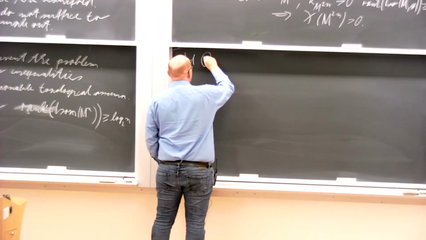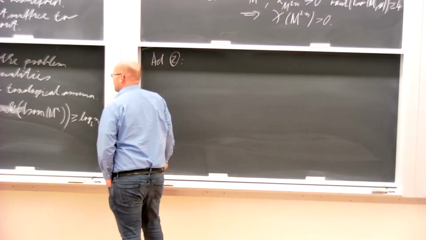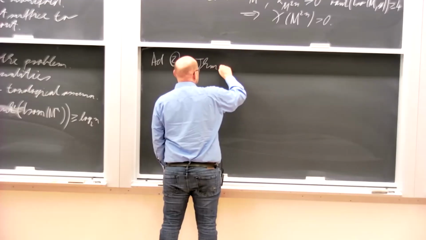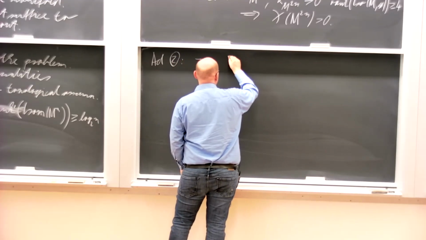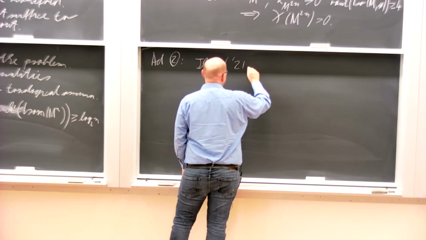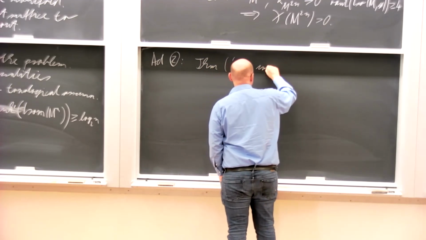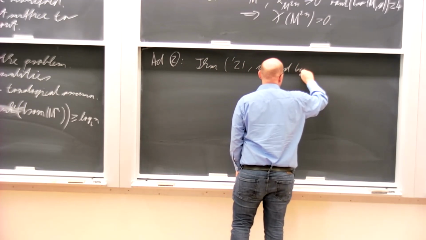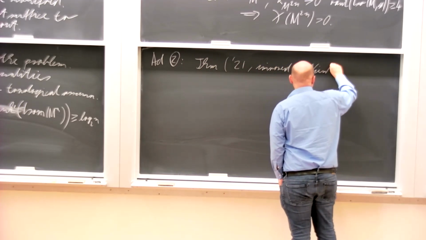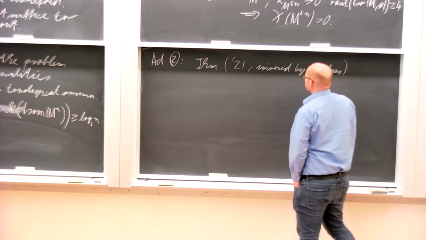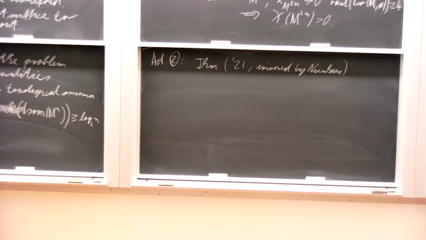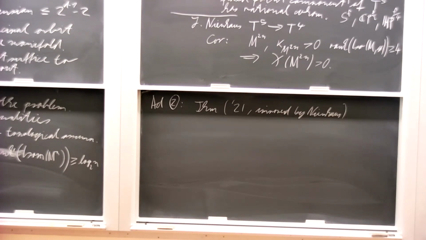For the second point, I mention one theorem, also from last year, improved by Nienhaus. Because of Nienhaus's result, you can cut off one dimension again from the torus.